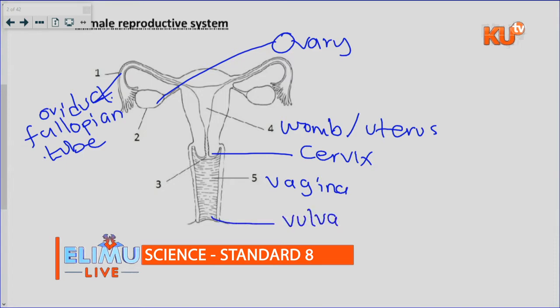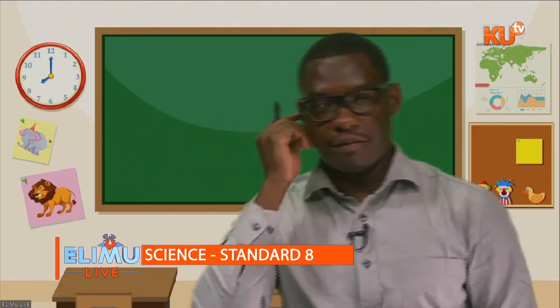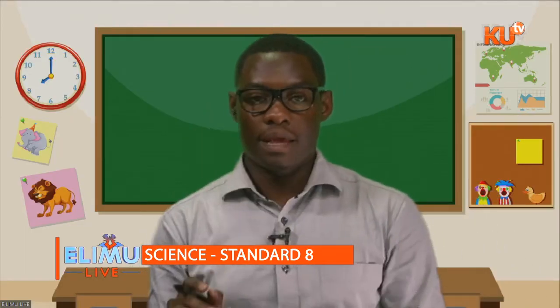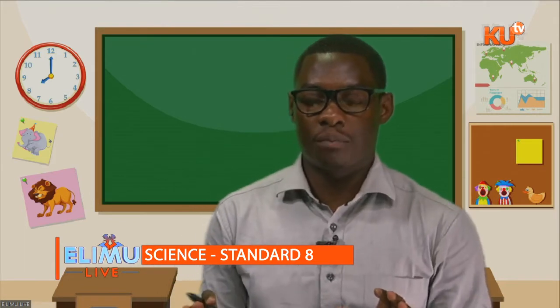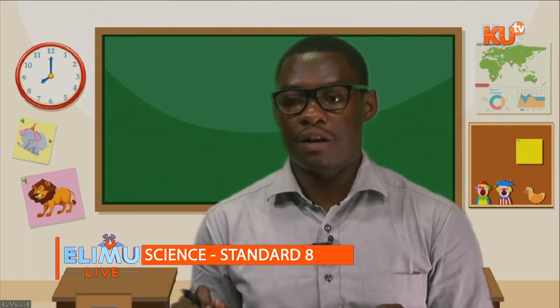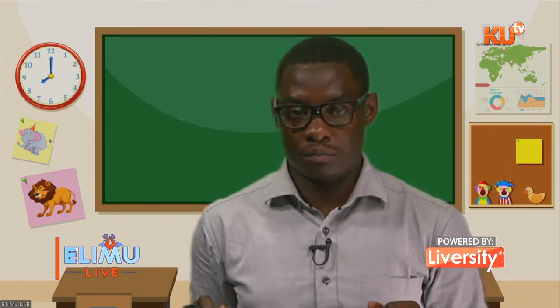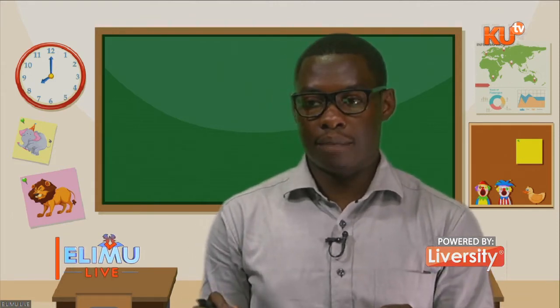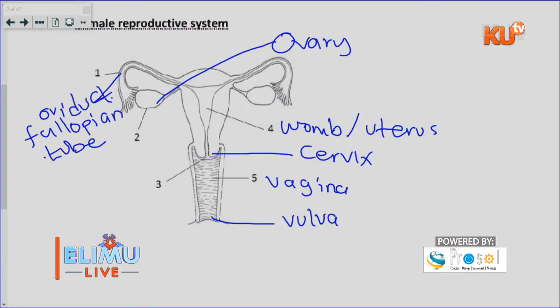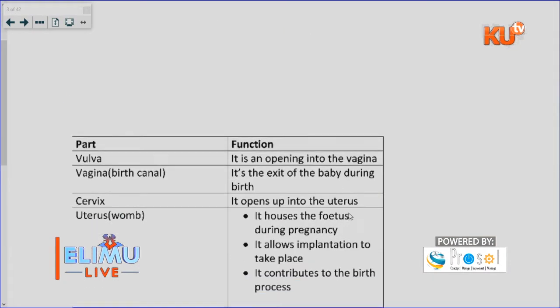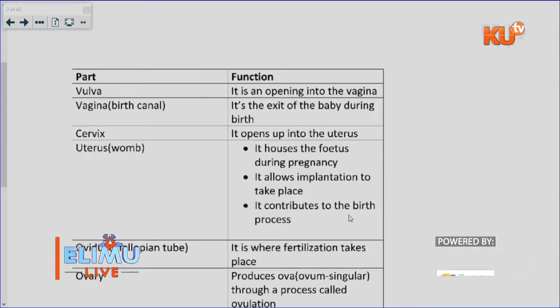So these are the parts of the female reproductive system, and that is the diagram that shows it. Now these parts perform different functions. I start with the function of the vulva, which is an opening into the vagina.